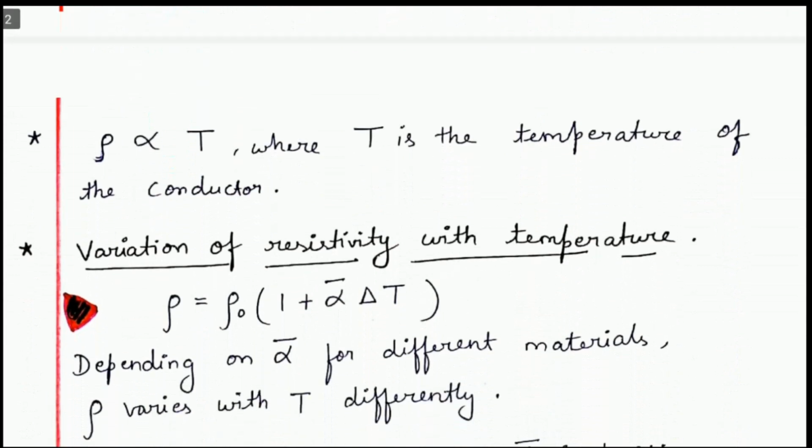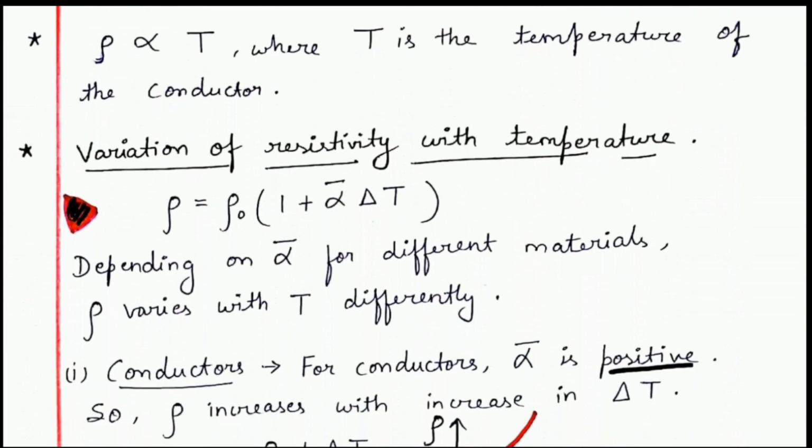Now this sentence that we just discussed was only for a conductor. Let us see for some different materials how resistivity changes with temperature. For this we have to remember an equation: rho is equal to rho naught into 1 plus alpha bar delta T. Rho naught is the initial resistivity at the reference temperature.